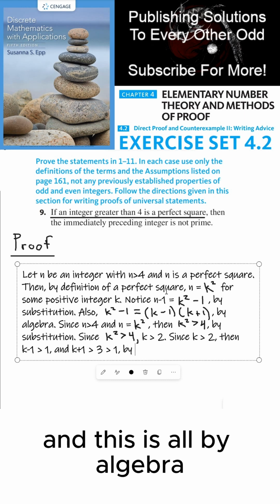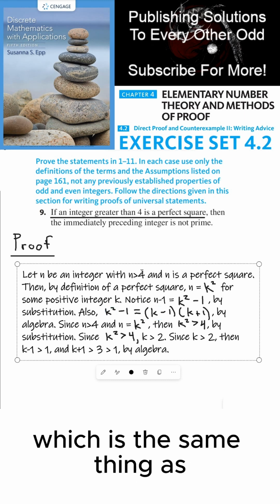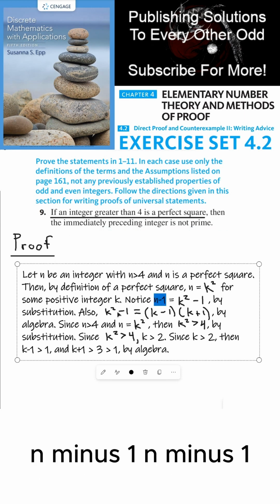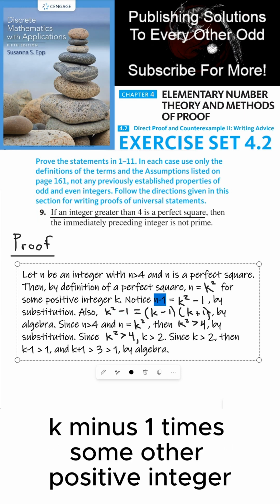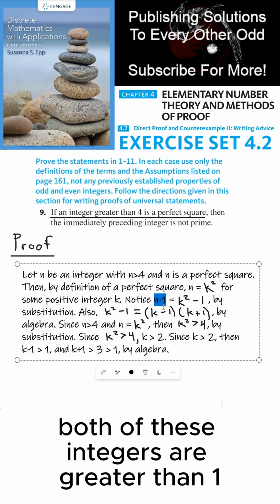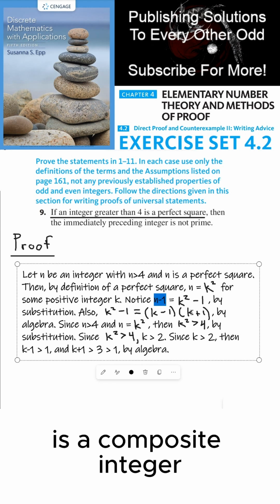This is all by algebra. So now we've shown that k squared minus 1, which is the same thing as n minus 1, is equal to some positive integer k minus 1 times some other positive integer k plus 1. Both of these integers are greater than 1, which means that k squared minus 1 is a composite integer.